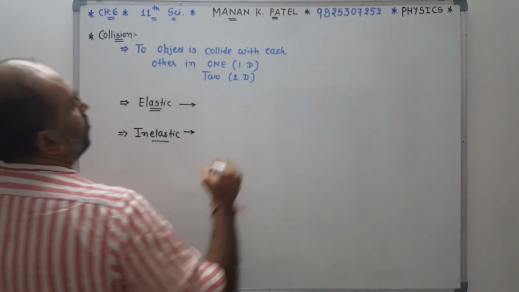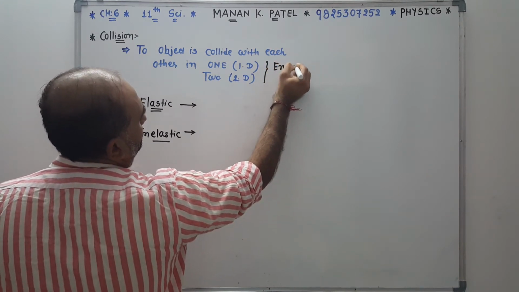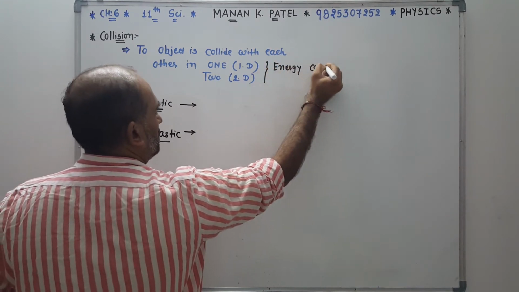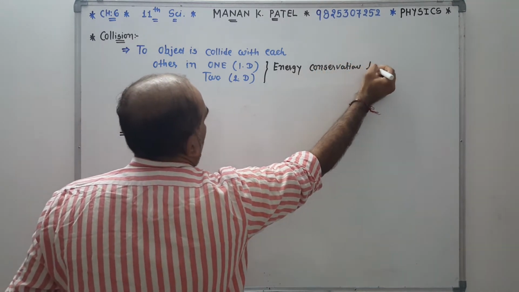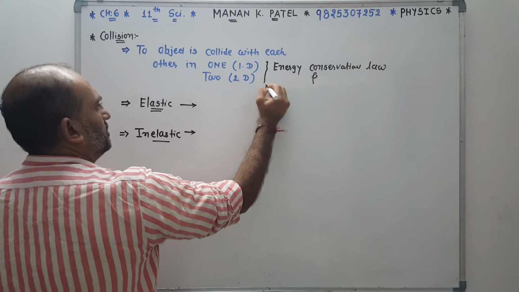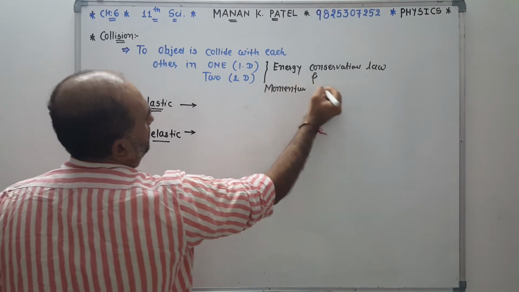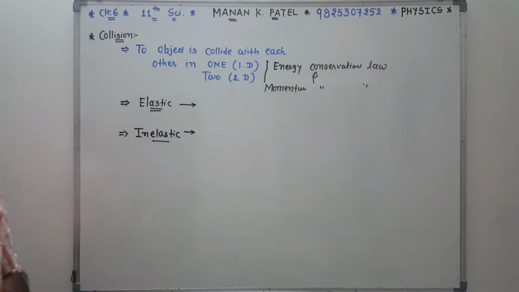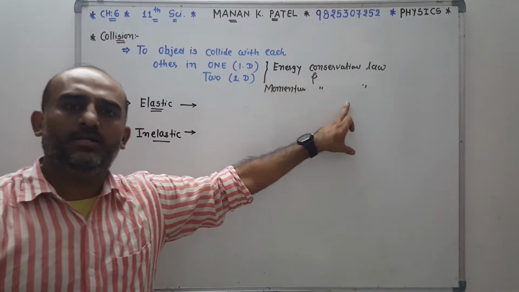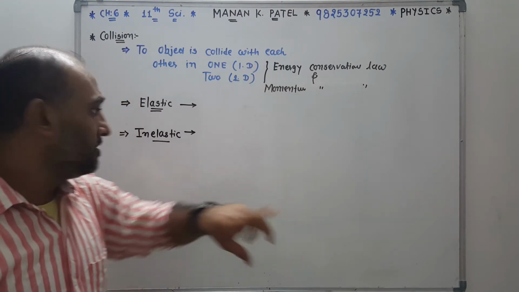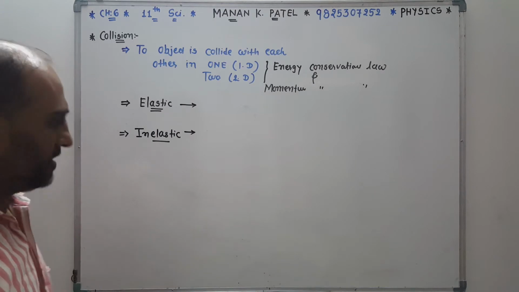First, collision depends on the energy conservation law and it also depends on the momentum conservation law. Two conditions, energy conservation law and momentum conservation law. But elastic and inelastic are different parts.